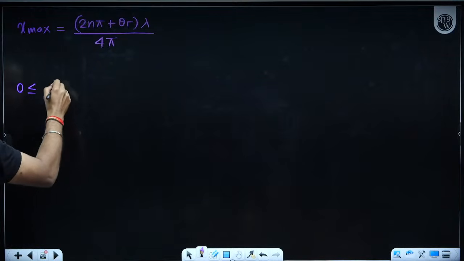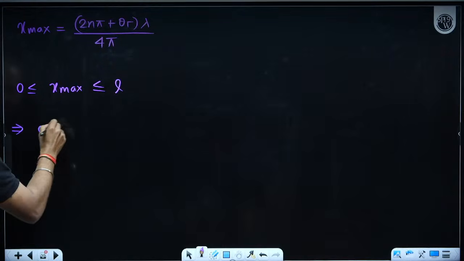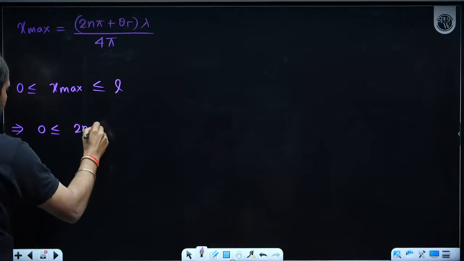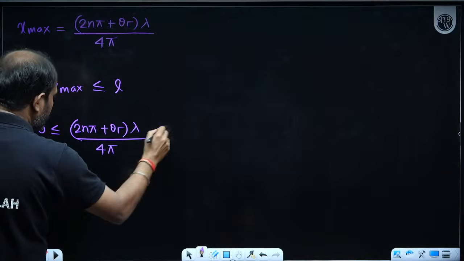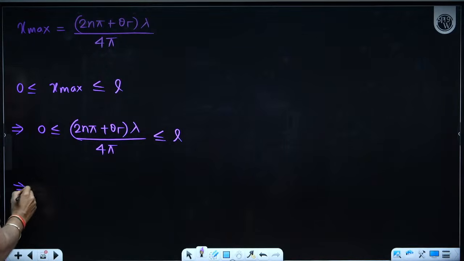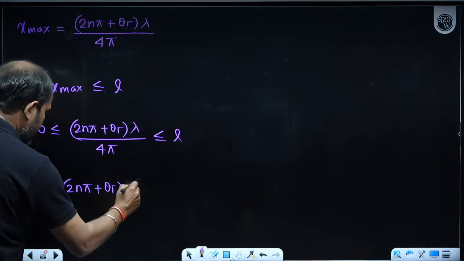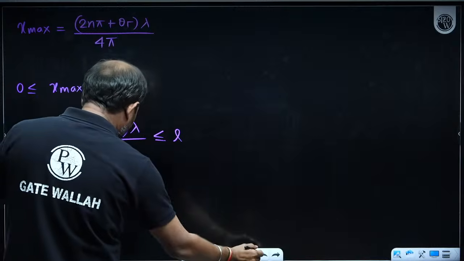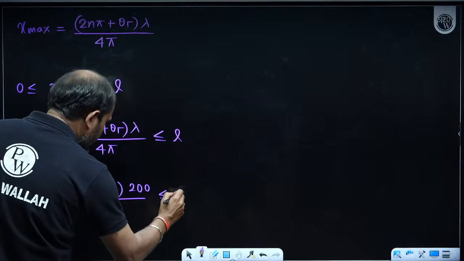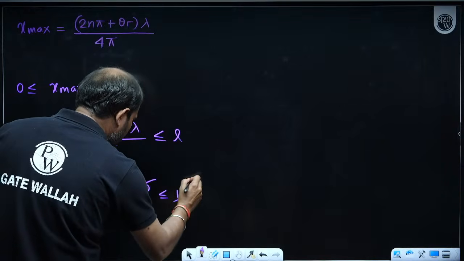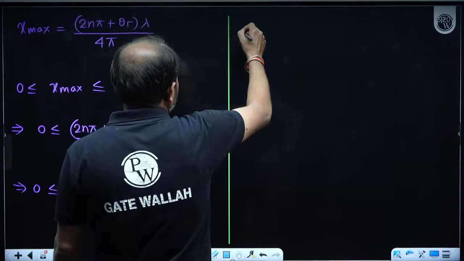X max should lie between 0 to L. So X max is between 0 and L, with 2n pi plus theta gamma, lambda is 200 and 4 pi, and length is 1000 meter.